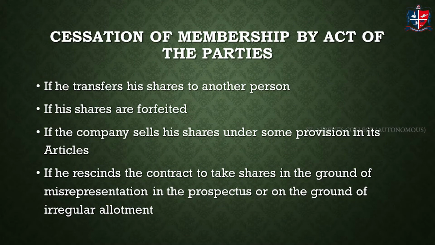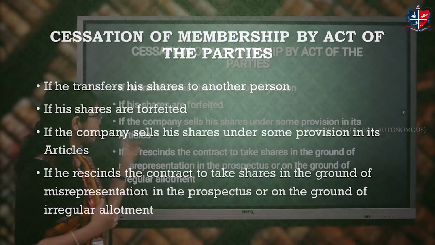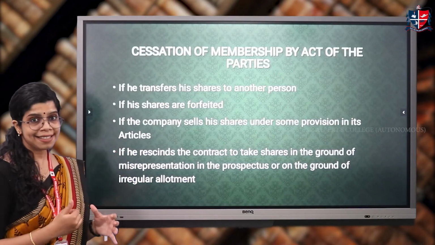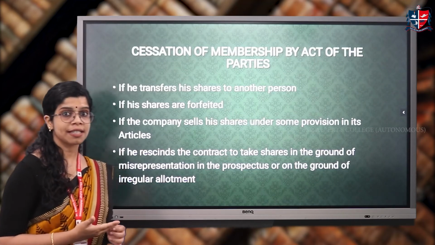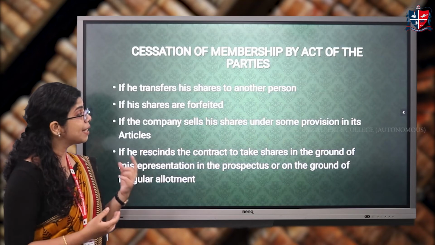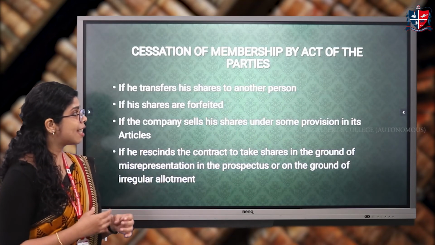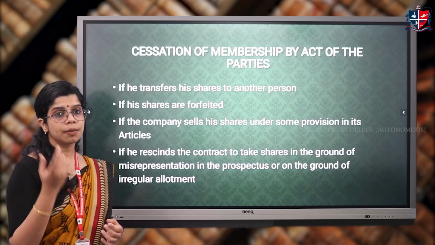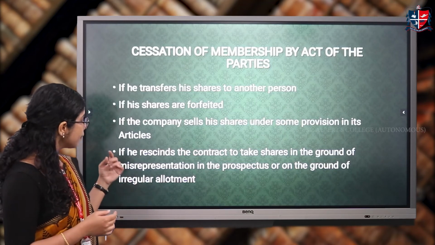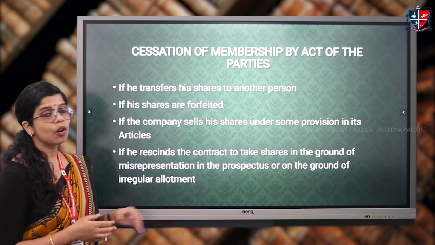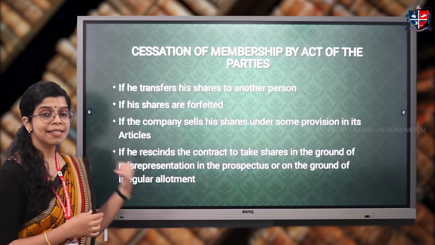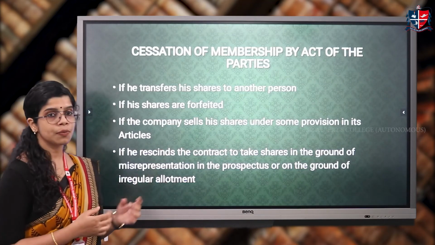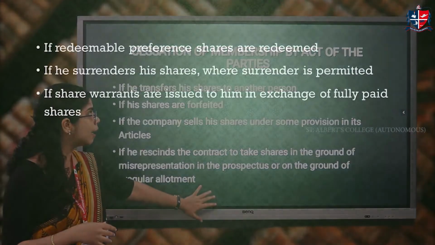Cessation of membership by act of the parties is done, number one, when he transfers his shares to another person, when the shares that the shareholder is holding are forfeited by the company, or if the company sells the person's shares under some provision in the articles. If the member rescinds the contract to take the shares on the ground of any misrepresentation in the prospectus or on the ground of irregular allotment, then also it is an act of the party.